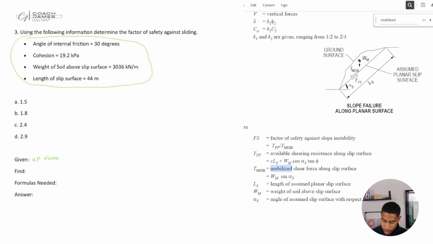What are we trying to find? We're trying to find the factor of safety against sliding.